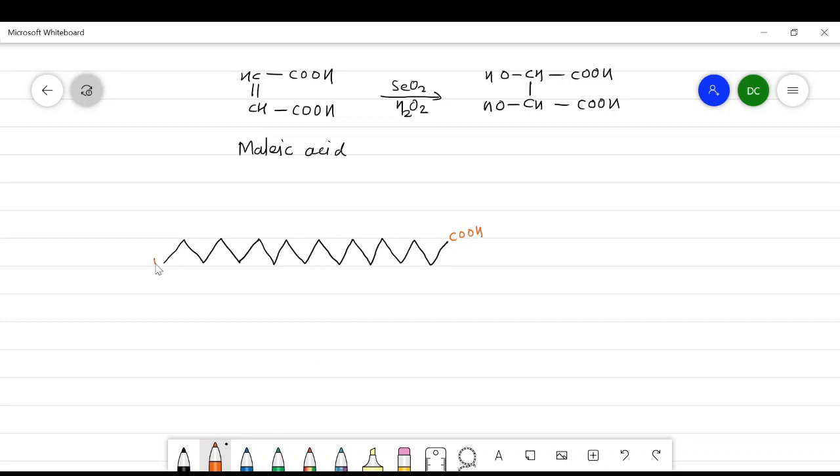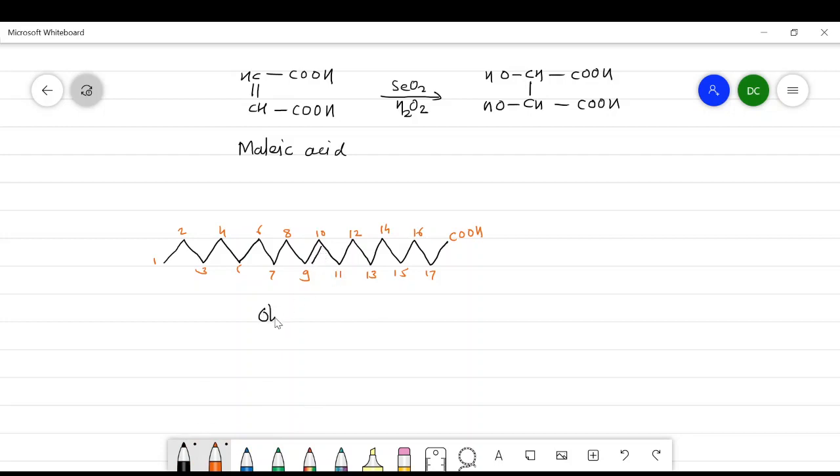This is the first carbon, second, third, fourth, fifth, 7, 9, 11, then 13, here 15, here 17. Here I will write 6, 8, 10, then 12, 14 and 16, and there is a presence of a double bond between this 9 and 10 carbon.